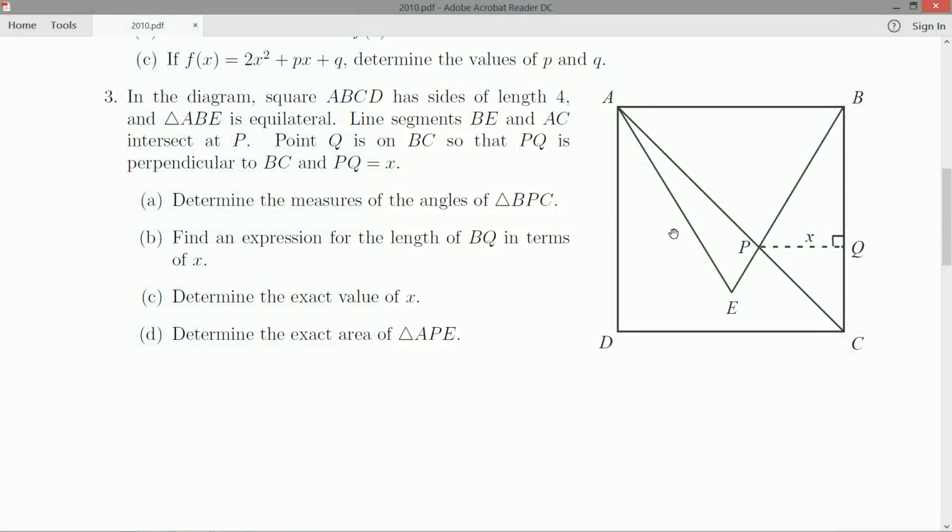That's something that immediately draws our eye. In the diagram, square ABCD has a side length of 4. And ABE is equilateral. So AB, and then we've dropped this E down here, so it also has side lengths 4. Line segments BE and AC intersect at P. Alright, so we're talking about a point of intersection.